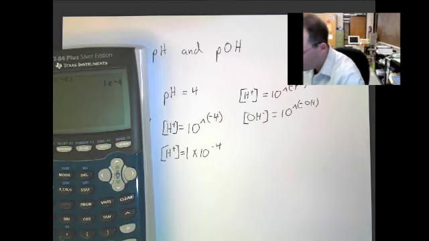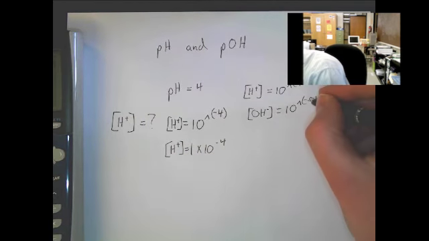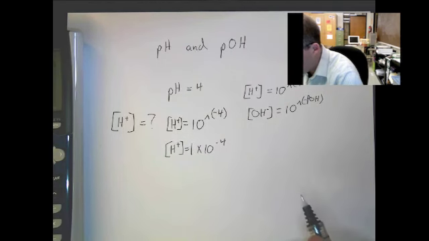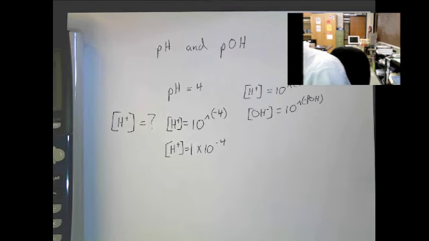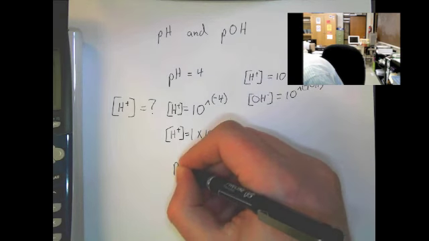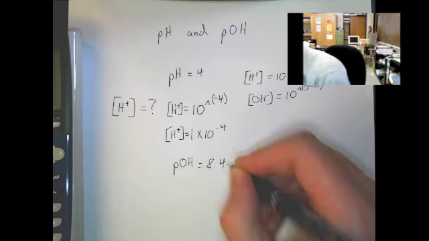Now, the other way that we could do this is be given a pOH, which I should have written there, and then we can solve for our hydroxide concentration. So let's instead say that we have a pOH of 8.4.